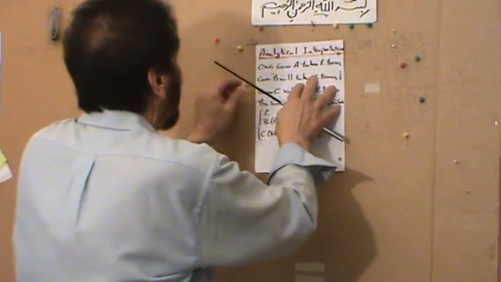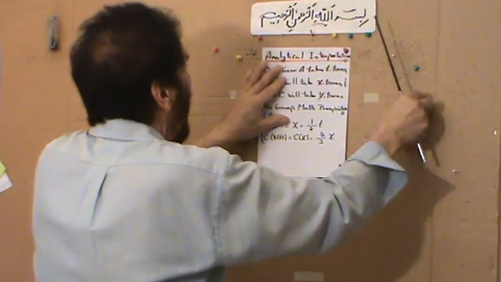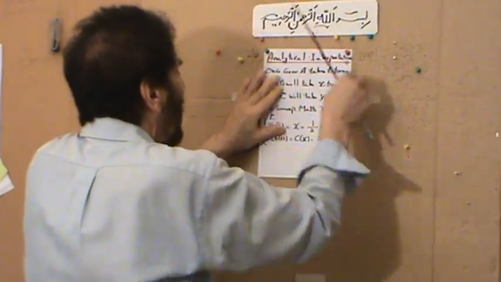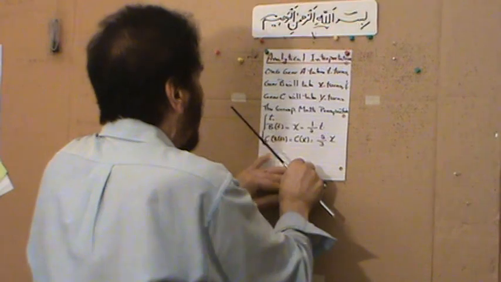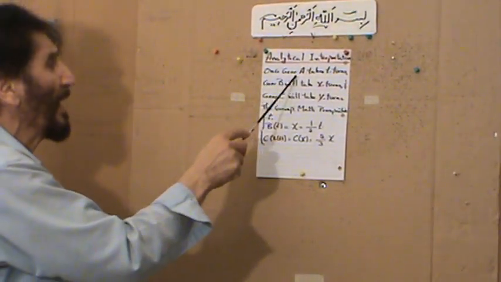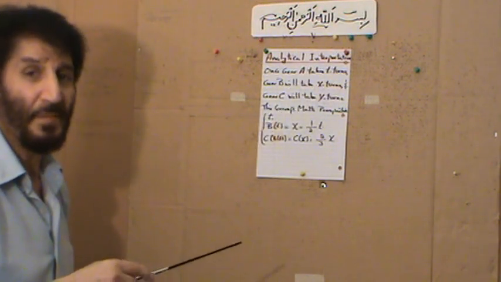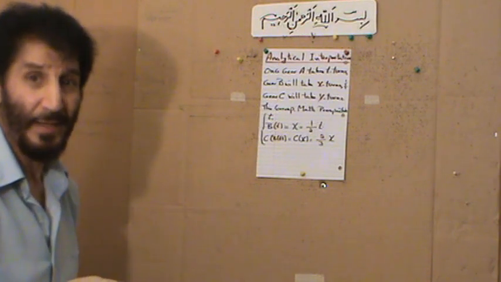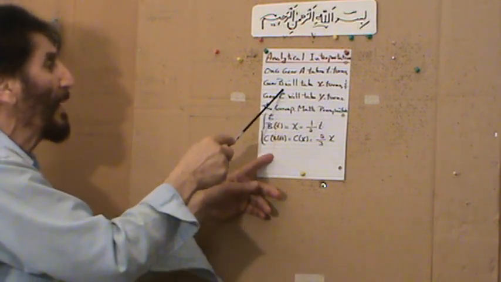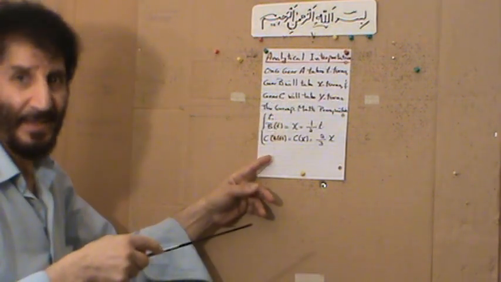Okay, now I guess we are ready to go to the mathematical, analytical interpretation, in a sense. I read for you what I have written, in case some students like to take notes. Now, here, once gear A takes T turns, now we are working with the number of turns, which is a number, gear B, the middle one, will take X turns, all right?